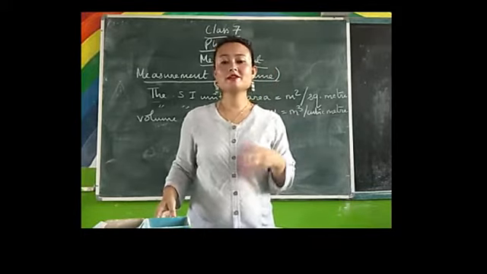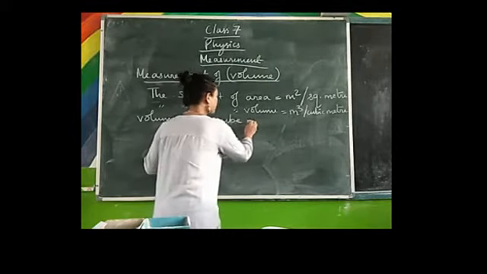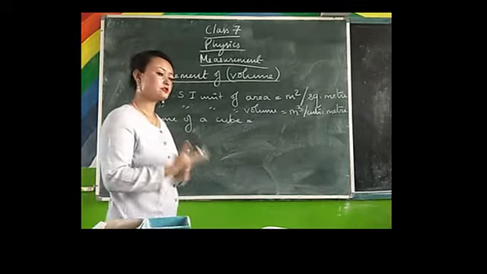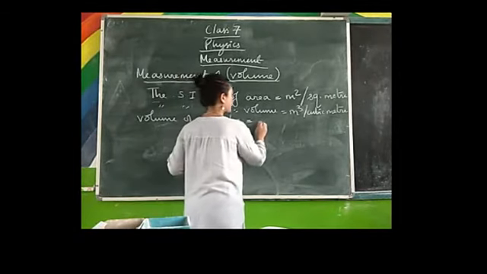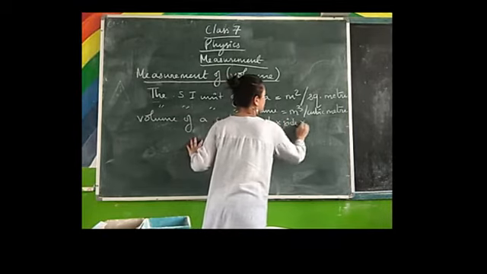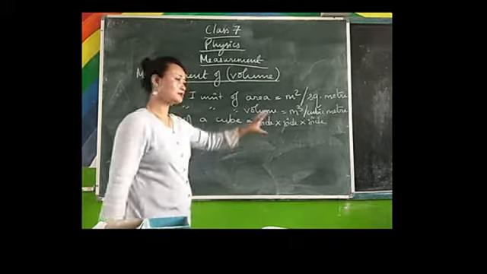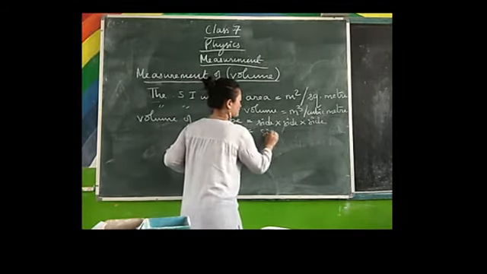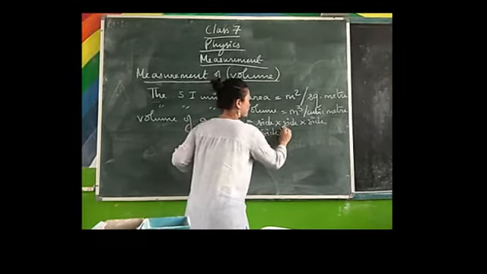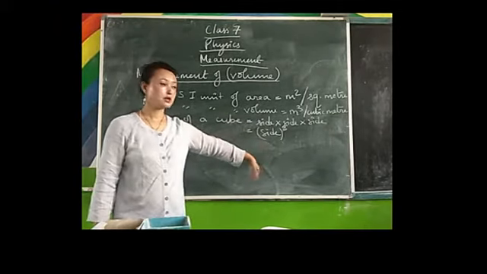That's why when we are measuring the volume of a cube, we simply multiply side into side into side. And how many sides do we have? 3. That's why we refer to it as side to the power 3. So that would be your volume of a cube.